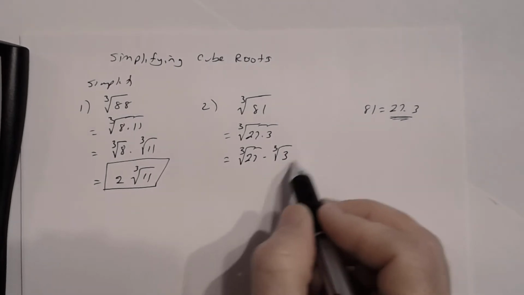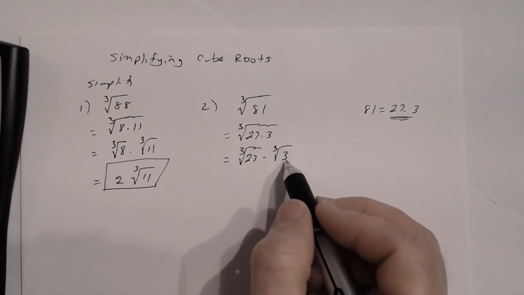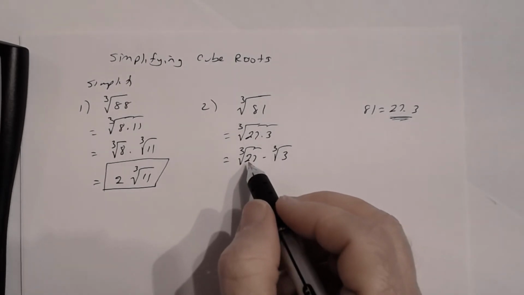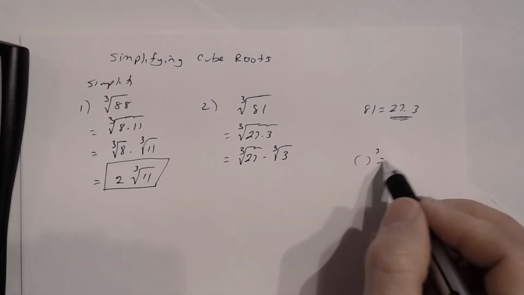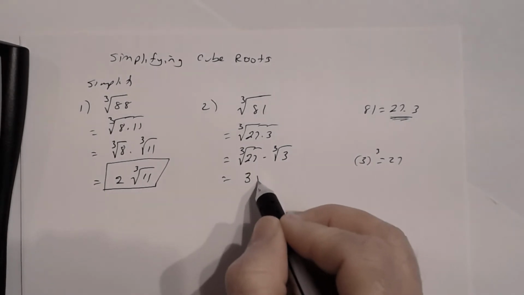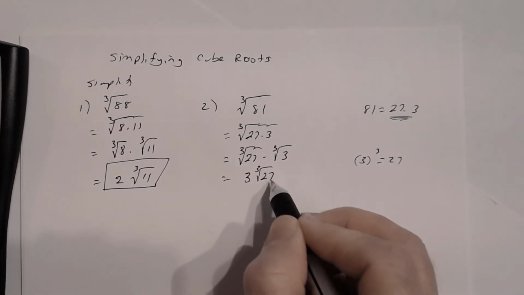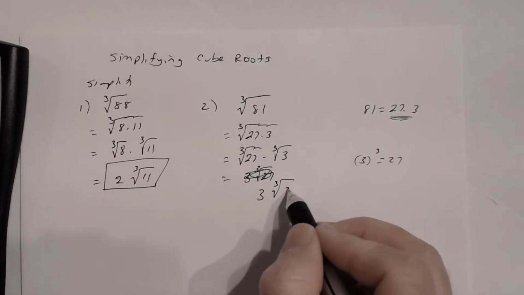And again, I cannot simplify the cube root of 3 because the only perfect cube that goes into 3 is 1. But I can simplify the cube root of 27 because what number times itself 3 times is 27? And the answer is 3. So this is 3 times the cube root of 3.